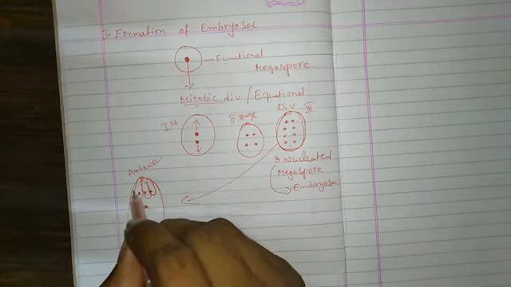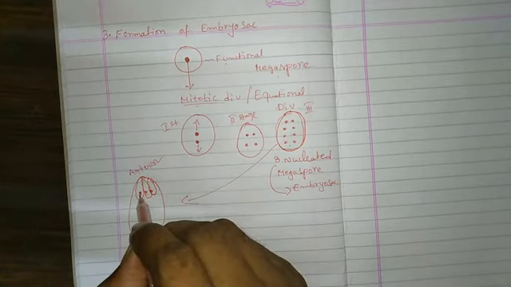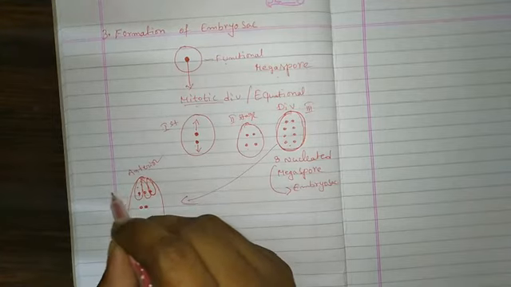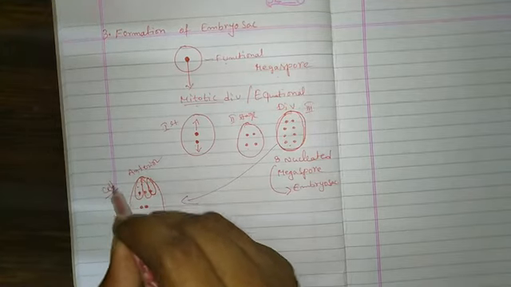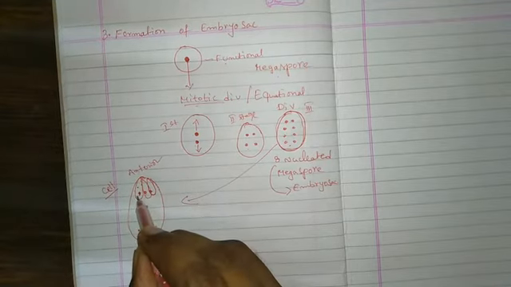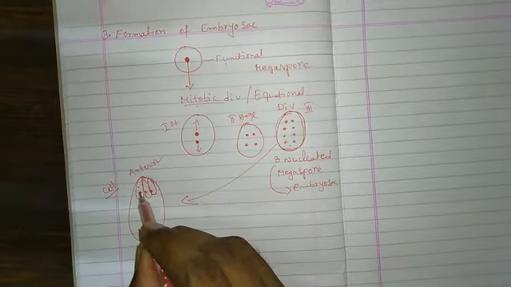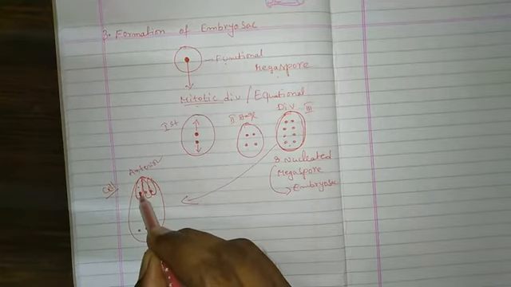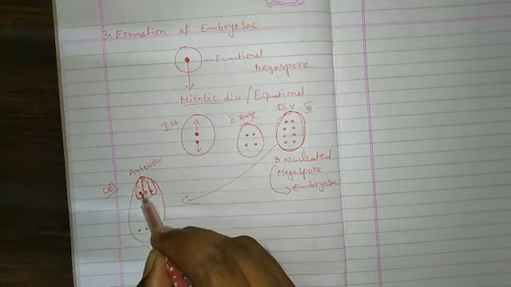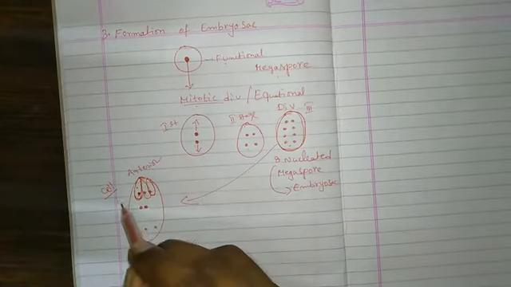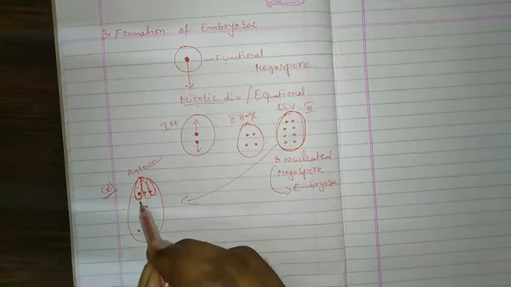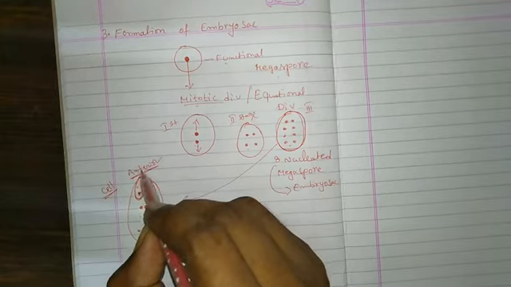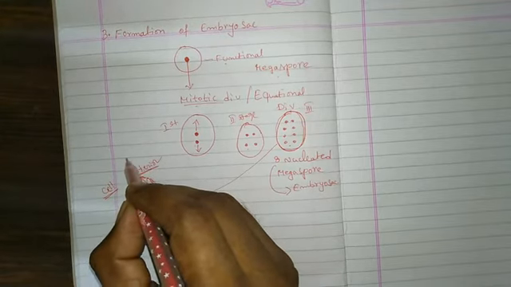Then whenever the cell wall covers each nucleus, we can call each individual portion a cell. Whenever the nucleus is covered with the cell wall, we can call each one a cell.